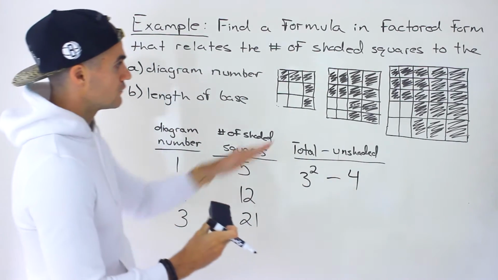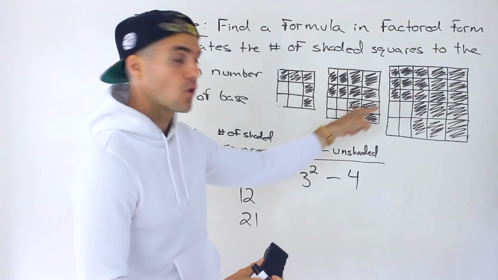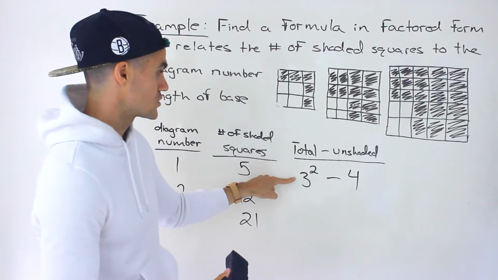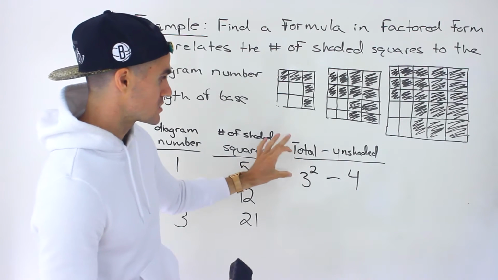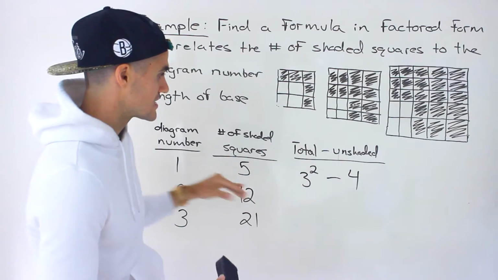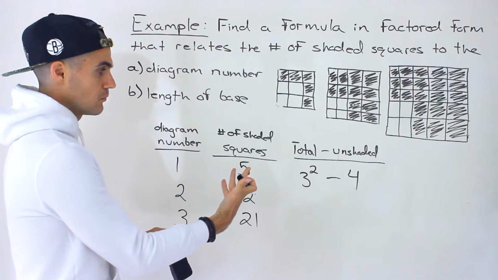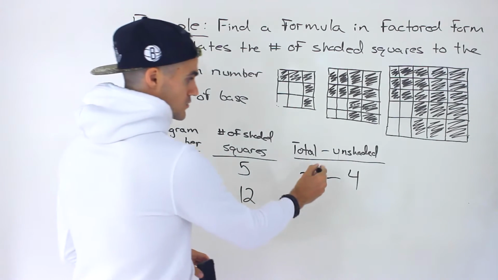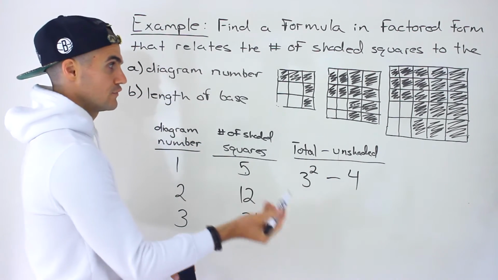Notice that all of these are squares, so it's always going to be the side length squared for the total number of squares. We could put 9 here, but I'm going to keep it as 3 squared, just to put in a little bit more detail to see if we can get a certain pattern more easily. And notice that 3 squared minus 4, that's 9 minus 4, which would give us indeed 5.